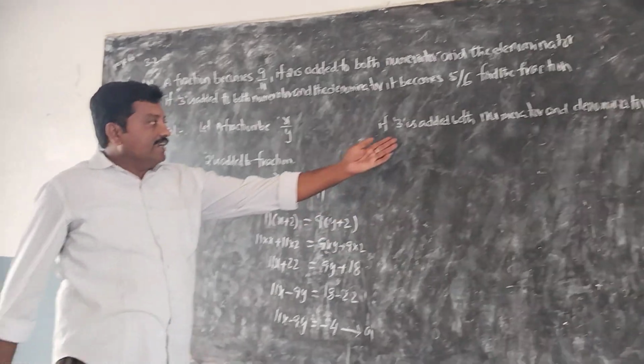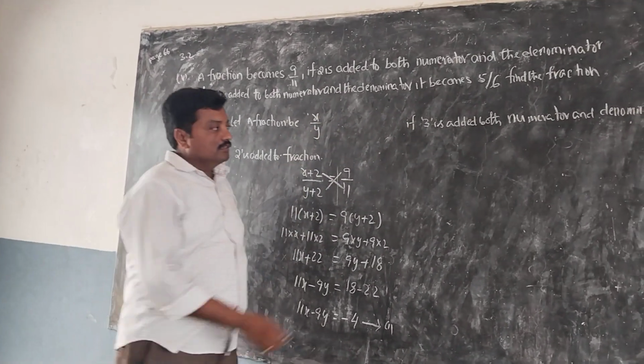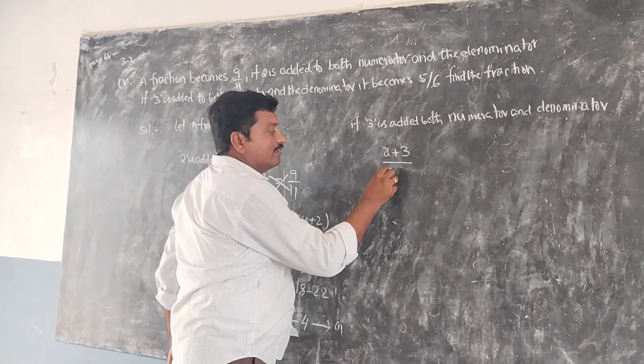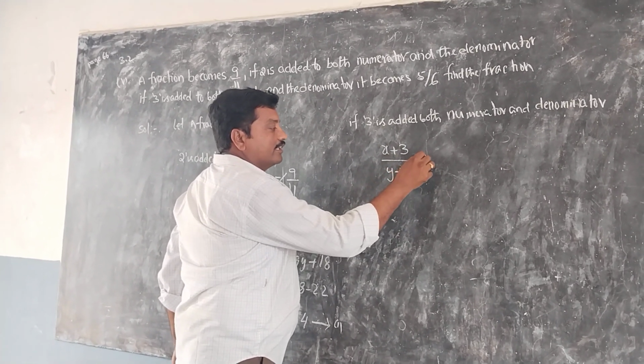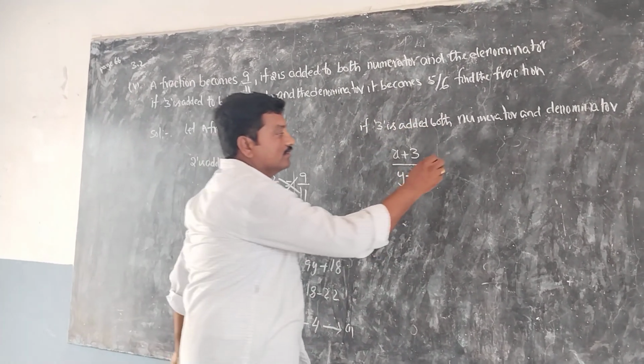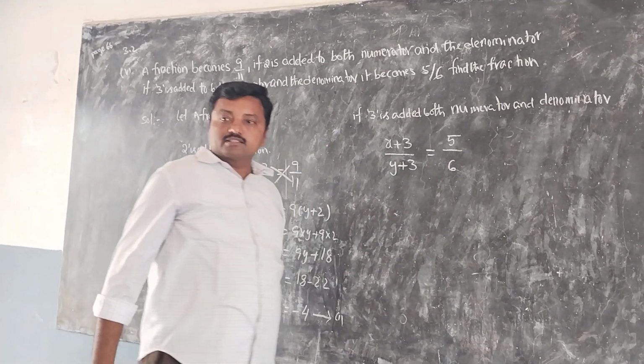So we are adding 3 to both numerator and denominator. What happened? X plus 3 by y plus 3 equal to 5 by 6.